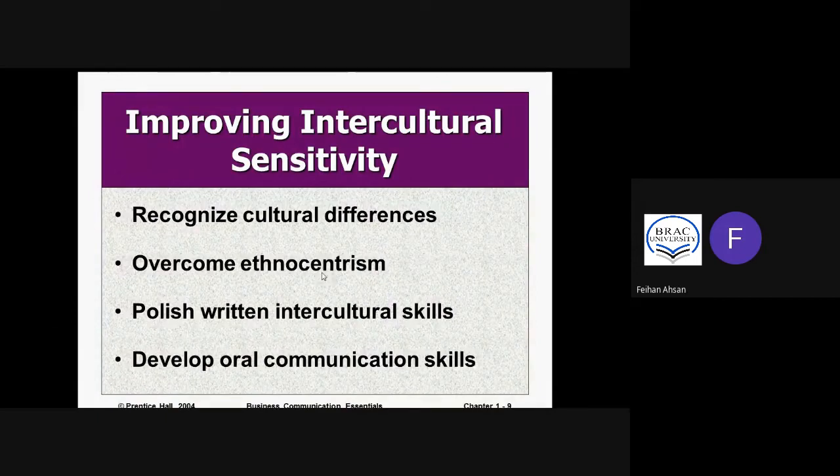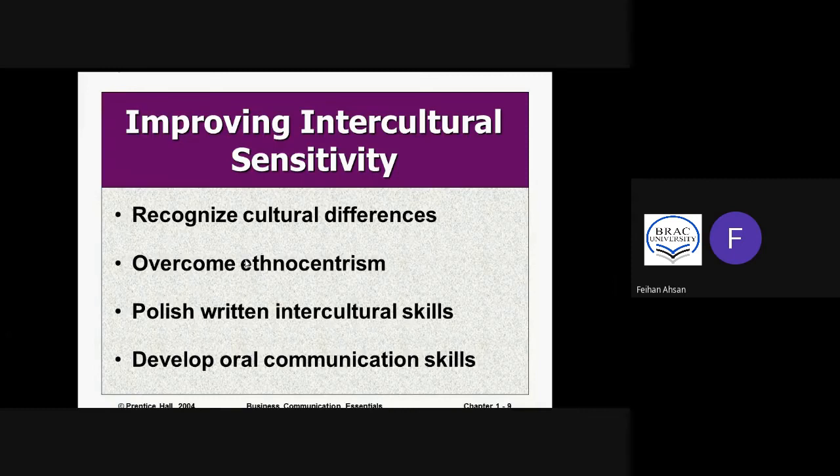Overcoming ethnocentrism. Now, what is this word, ethnocentrism? Ethnocentrism is a belief that your way of doing things, the way that you do things, is the only way or is the superior way of doing things. When you believe that, you are superior.